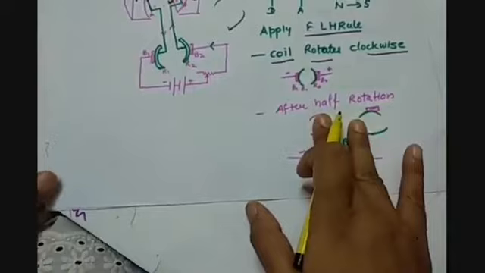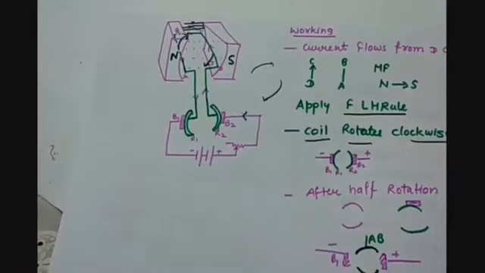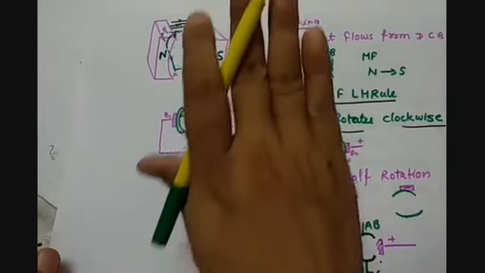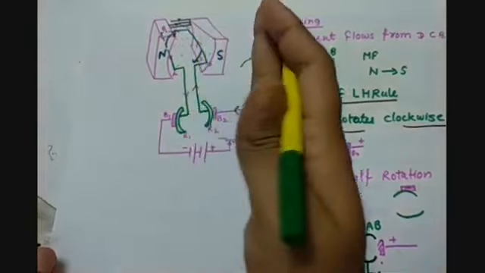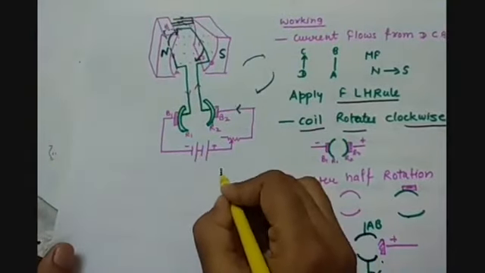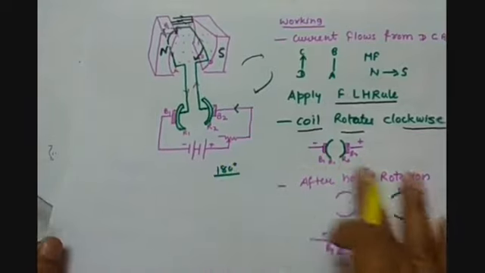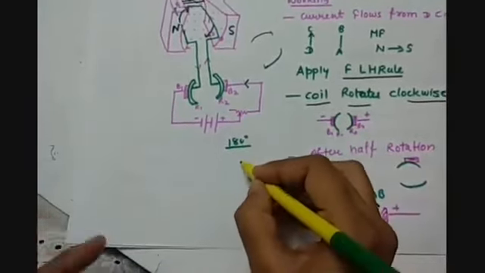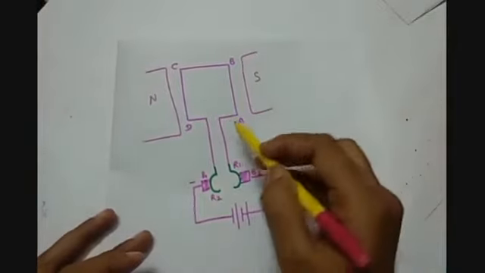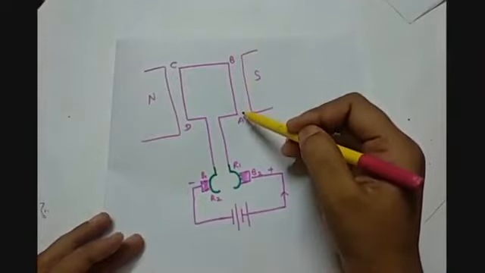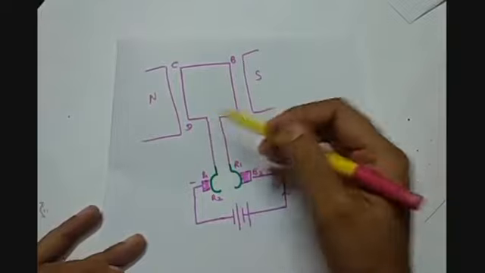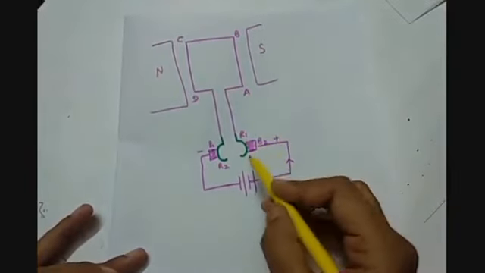So the situation becomes this: after a half rotation, that means a rotation of 180 degrees, the arm AB comes in the position of arm CD. So now AB becomes the right arm, CD becomes the left arm, and the position of the split rings changes.